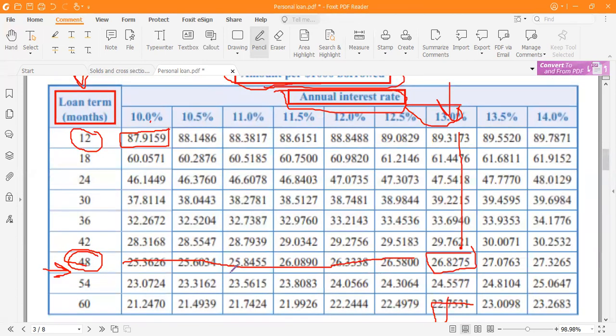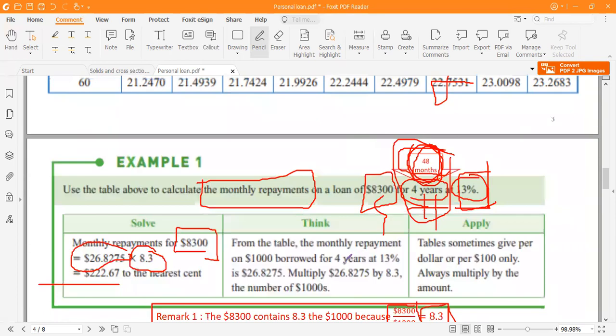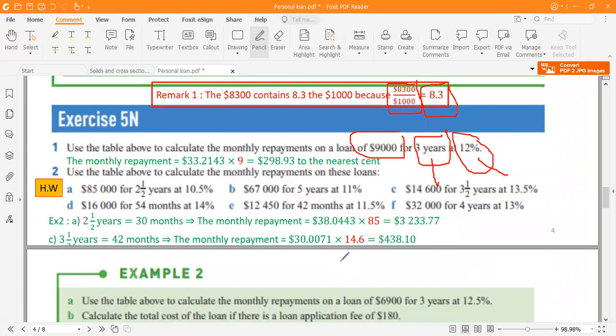Referring to the table above, this row, 36, with 12%, the cross cell is this one: $33.2143 as monthly repayment.